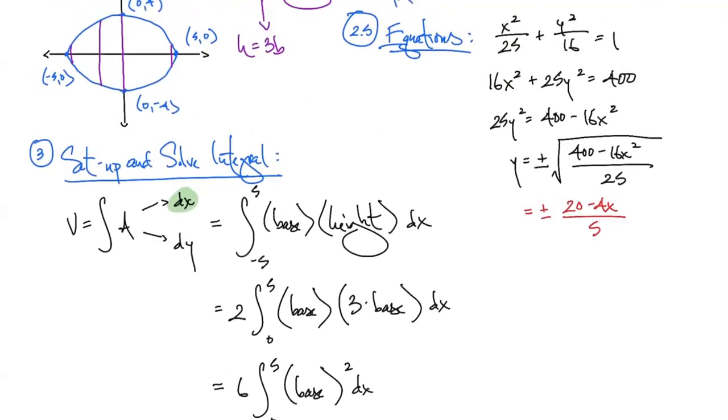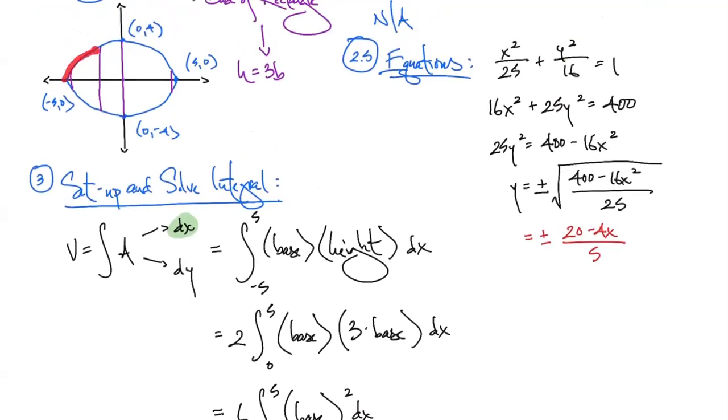And so what is that base, right? We're going to have to take top curve minus the bottom curve. In other words, we'll have positive square root of blah, blah, blah, minus the negative square root of whatever that expression is.